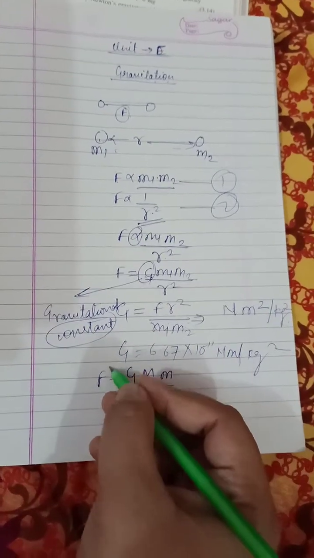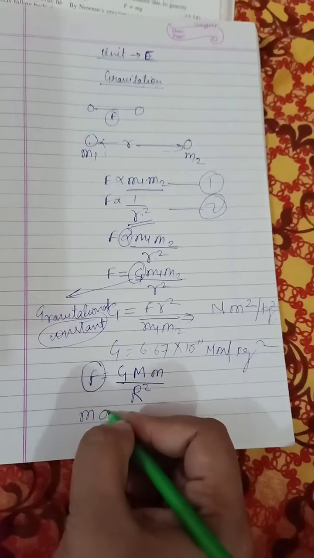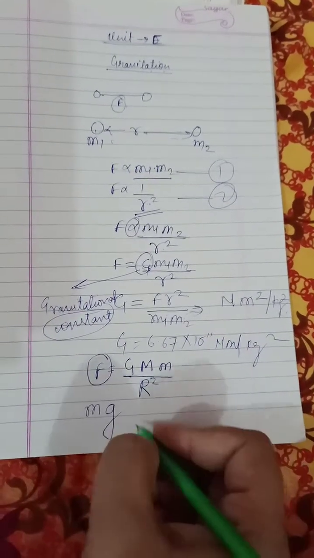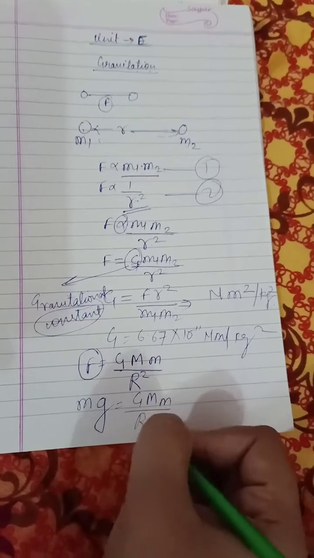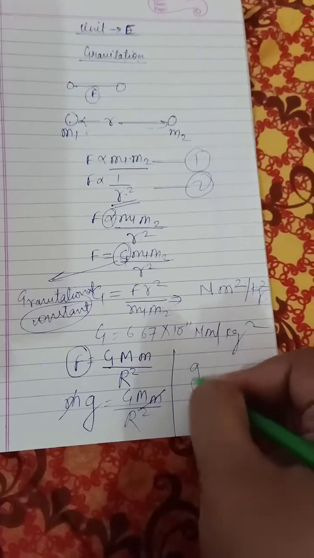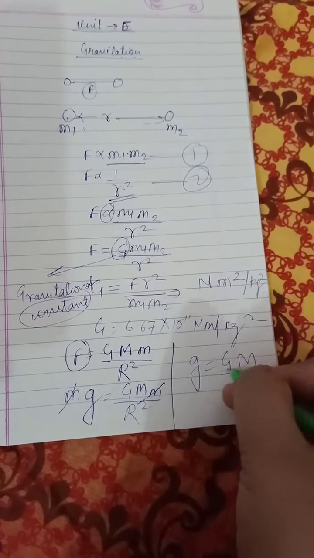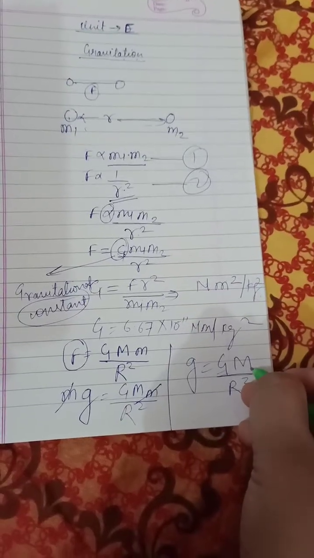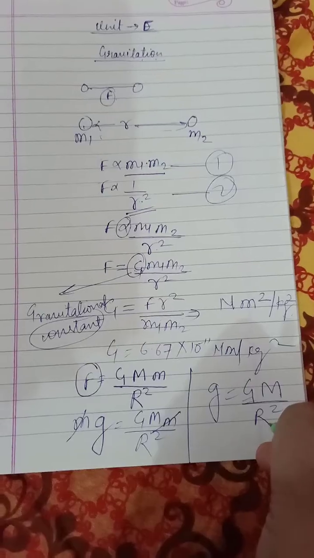As we know, F is equal to ma by Newton's second law of motion. In case of gravity, mg is equal to G capital M small m by r square. These two m cancel out, so we have g is equal to G M by r square, where G is the gravitational constant, capital M is the mass of the earth, and r is the radius of the earth.